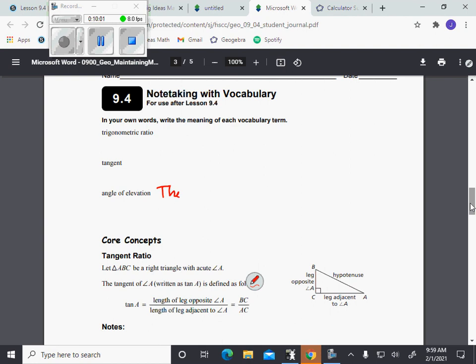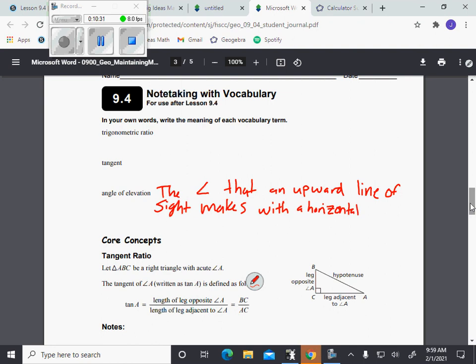So the angle that an upward line of sight makes with a horizontal line. Okay.